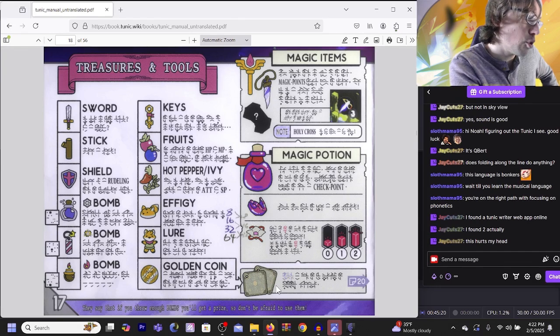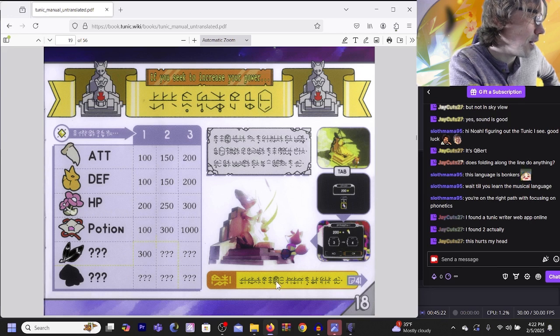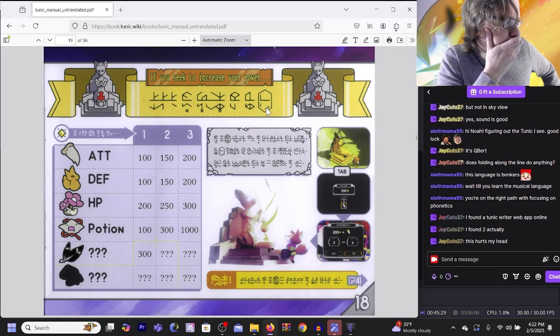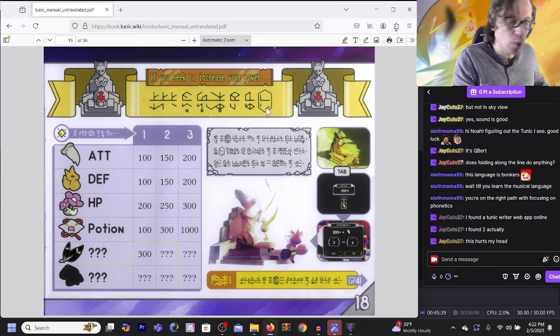Let's go through a few more pages. This hurts my head too, Jay. This is an interesting page, just because of this symbol's existence. Because that's trying to basically tell me what I've been trying to figure out.